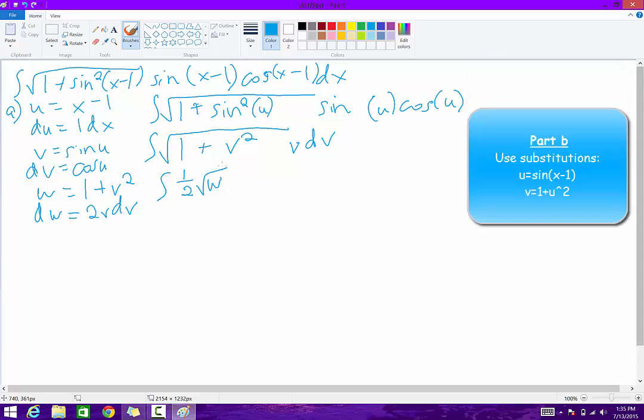Part B says to perform the substitution u equals sine of (x minus 1).